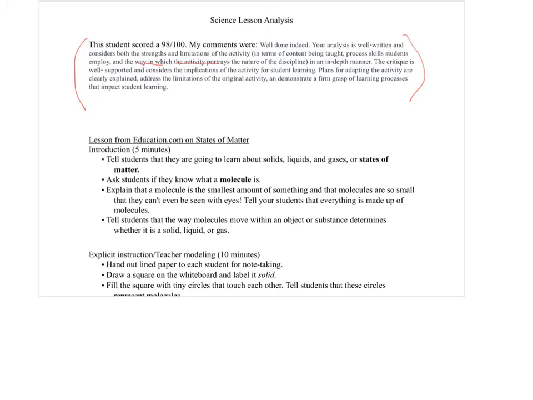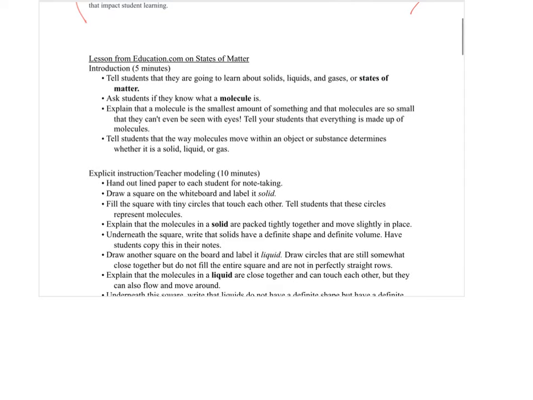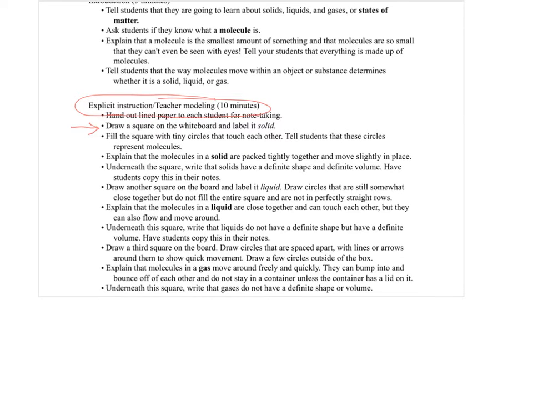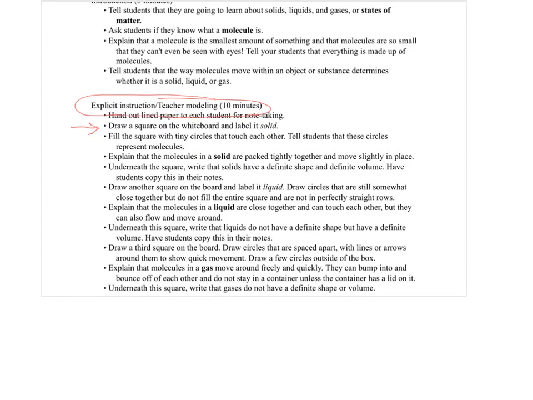So basically the activity is telling the students they're going to learn about states of matter, asks the students if they know what a molecule is, and then does some explicit teacher modeling, basically by not having the kids explore, but by doing everything for them, and explaining everything before giving the kids a chance to actually look through it and do it themselves to have a sense of what it means.